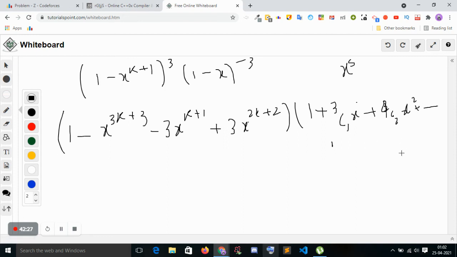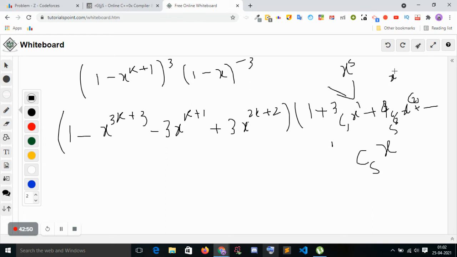I have to find x to the power s, so what is the coefficient of x to the power s in this expansion?